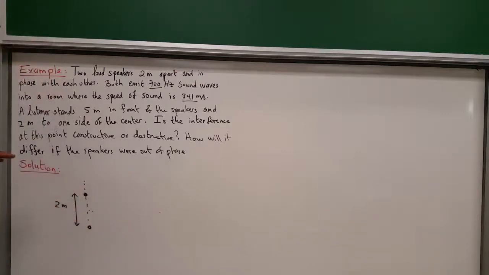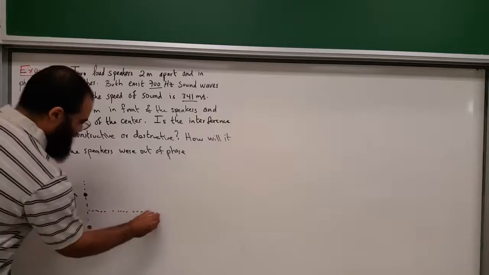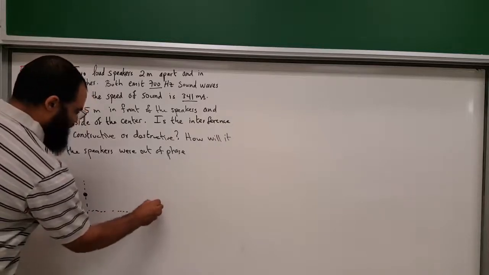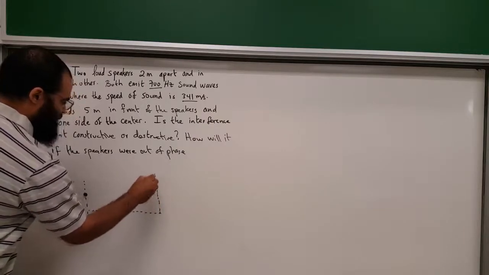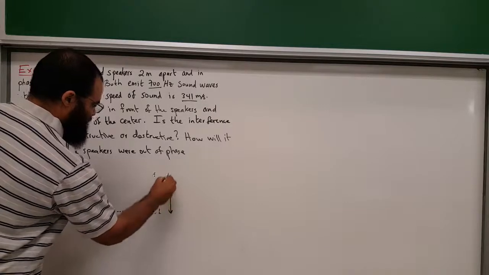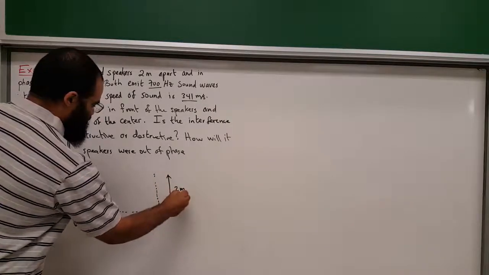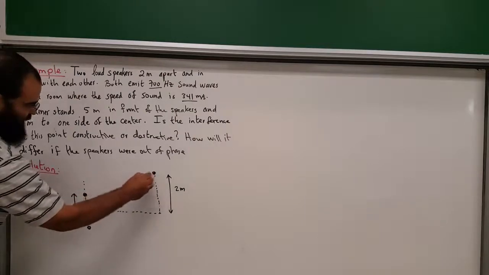Not only that, 5 meters in front of the speakers, 2 meters to one side of the center. So the listener doesn't stand right in the middle, rather the listener stands right here, 2 meters over. So sound waves will leave this speaker all the way to where the listener is.